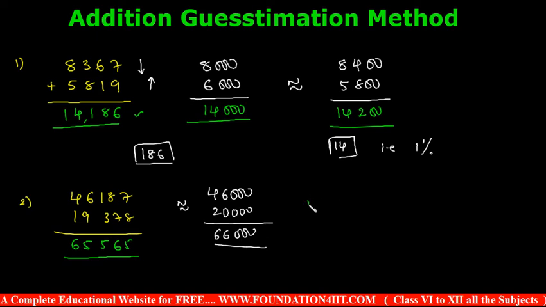In the same way, take them nearest to hundreds: 46,187 is 46,200, and 19,378 is 19,400.